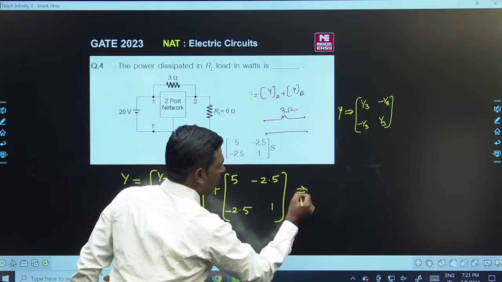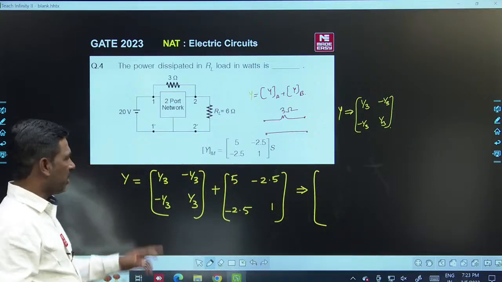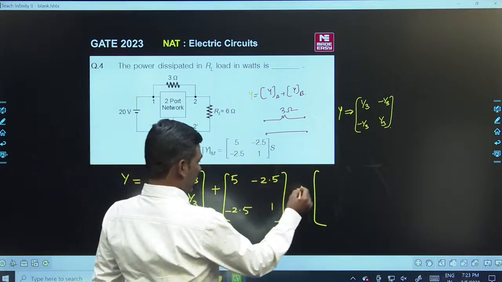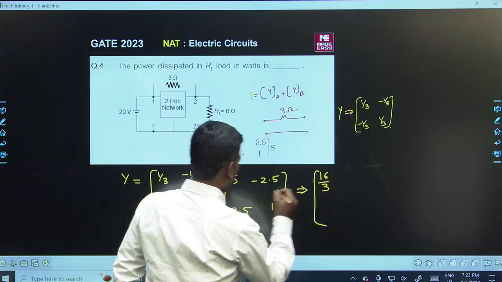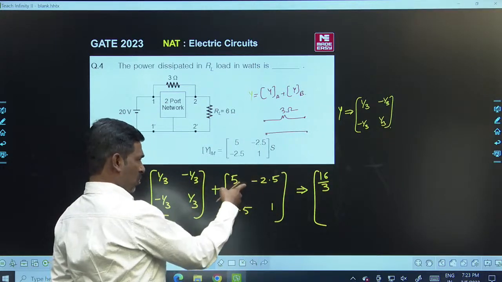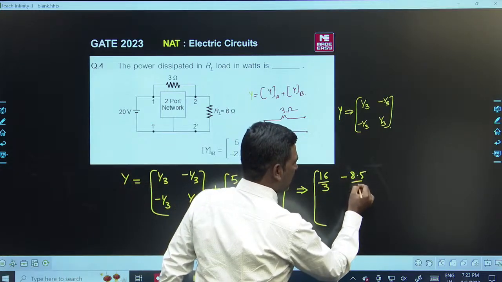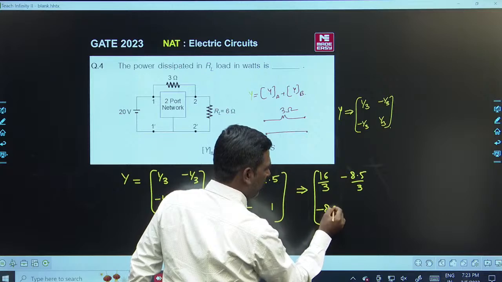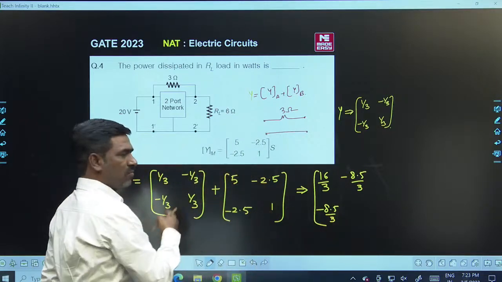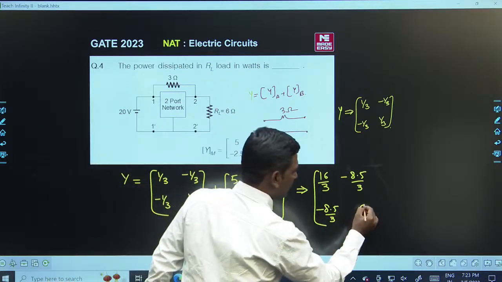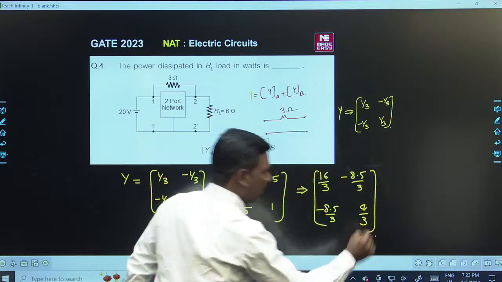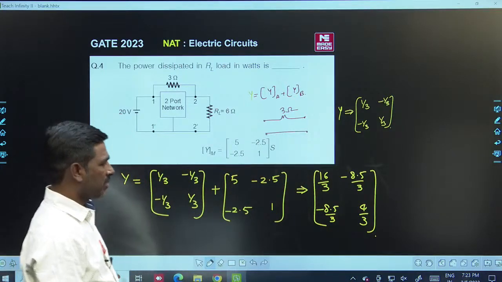So the total Y for this network is 1 by 3 plus 5, that is 16 by 3. Then minus 2.5, so minus 7.5 and minus 8.5 by 3. This is the same, minus 8.5 by 3. So 1 plus 1 by 3 is 4 by 3. You got the total Y parameters.